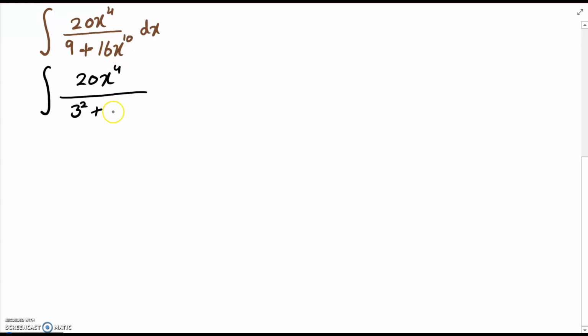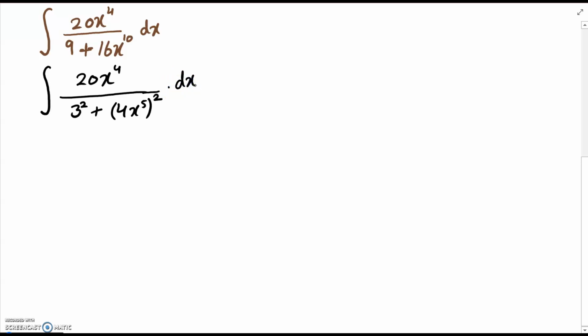I am going to change the 16x to the power of 10 as 4x to the power of 5 the whole squared. Now if you open the square, you will get the same thing, 16x to the power of 10, times dx. Don't forget this one.